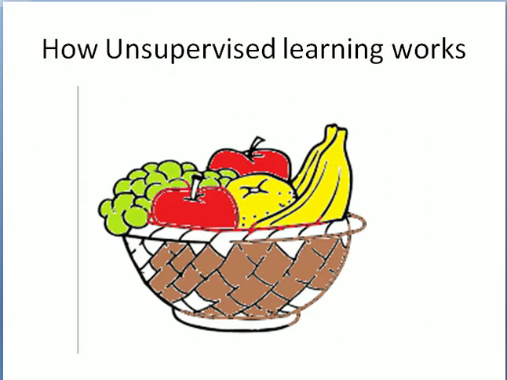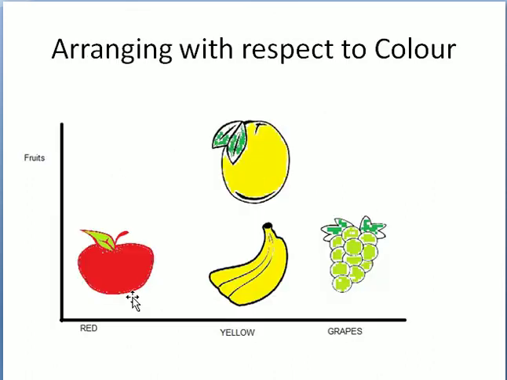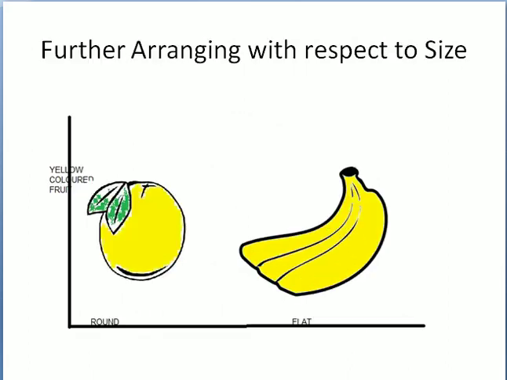Sorry, here it should be green instead of grapes. By considering color in the fruit basket, I'm taking apple in the red section, lemon and banana in yellow, and grapes in green. Here the fruits are segregated according to color.